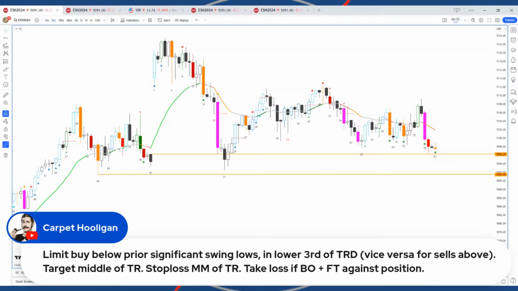Do you like fading second leg traps, climactic bars in trading ranges like these? No real bull climaxes here. They take some getting used to, but those are great positions too. But again, it requires a bit of study to understand the calibrated expectations for such a signal.